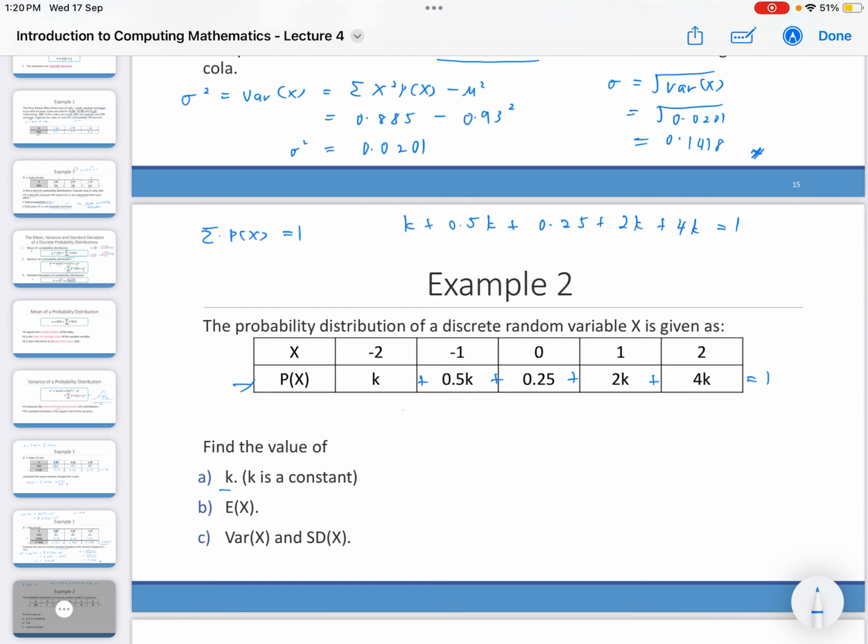You guys can try solving this. When we solve for k, we get k equals 0.1. So we finish part a, k equals 0.1.